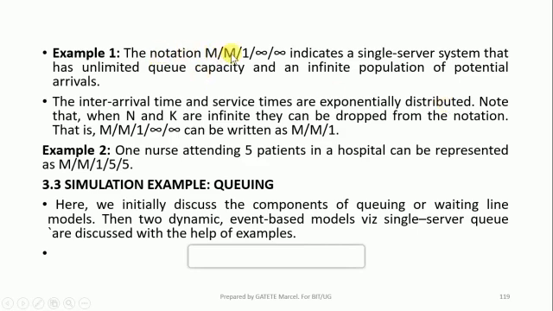So the arrival time is exponentially distributed, that is M, and the service time is exponentially distributed, that is M. This is the arrival time, this is the service time, and this is the number of servers. Here we have one server, unlimited queue capacity, and infinite population.